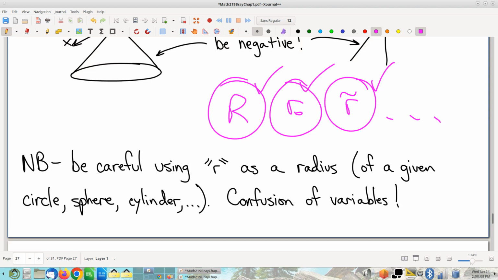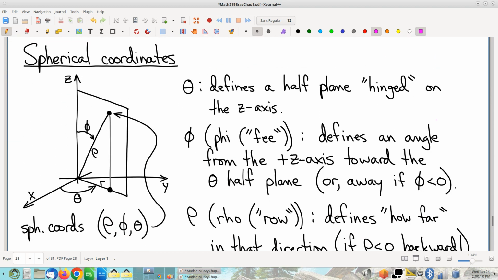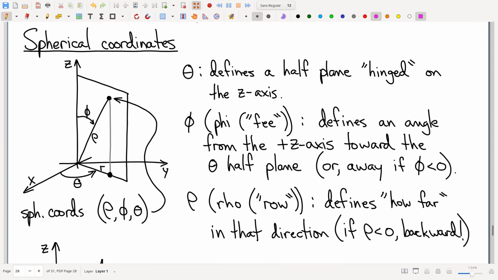Okay. All right. Spherical coordinates. Spherical coordinates are noticeably different from polar coordinates, and yet spherical coordinates are sometimes referred to as polar coordinates in space. I think this is a really bad idea. Spherical coordinates is importantly different from cylindrical.